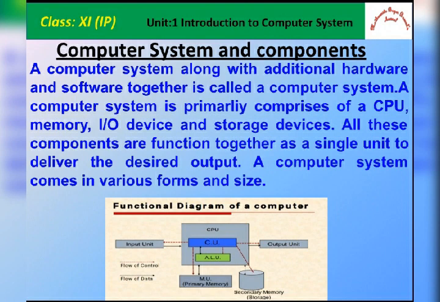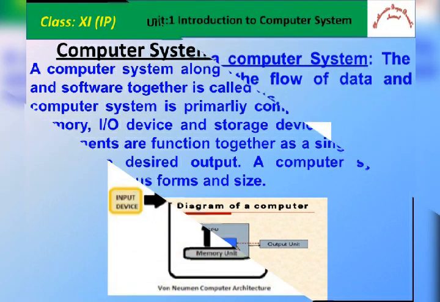All these components function together as a single unit to deliver the desired output. A computer system comes in various forms and sizes. It can vary from a high-end server to a personal desktop or laptop, a tablet or a smartphone.